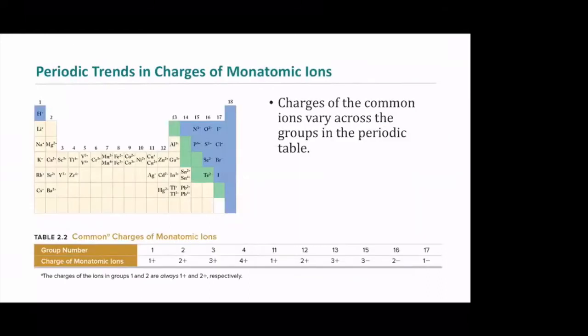Hydrogen's +1, like other group 1. But it's a non-metal, so we want to put it over here. But it's +1, we want it over there. So sometimes you'll see some weird periodic tables with hydrogen kind of floating out here. I don't think they're very common, but I have seen those.